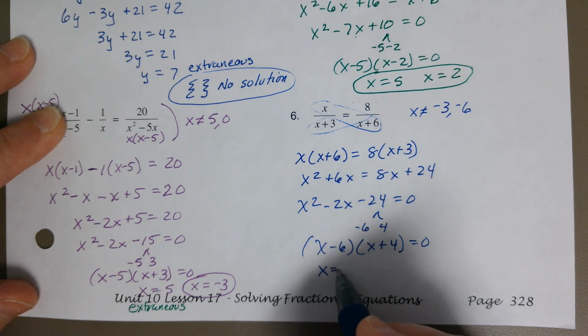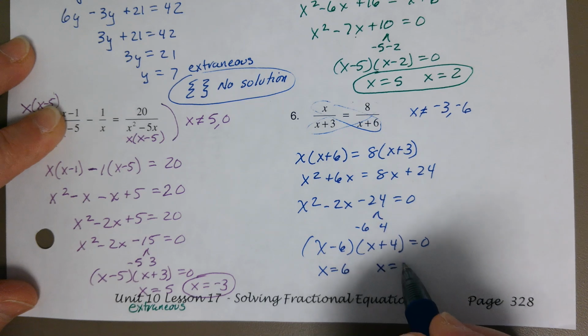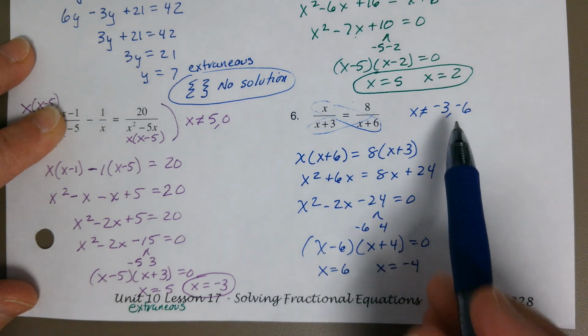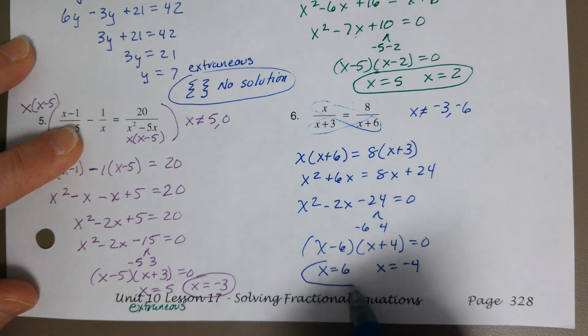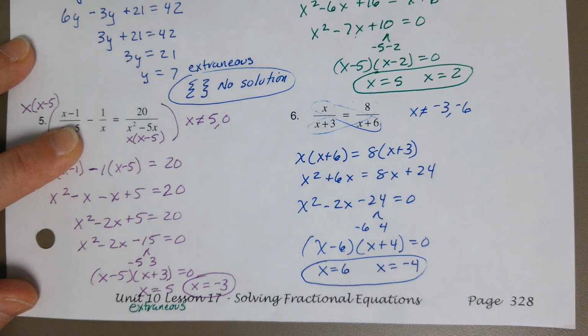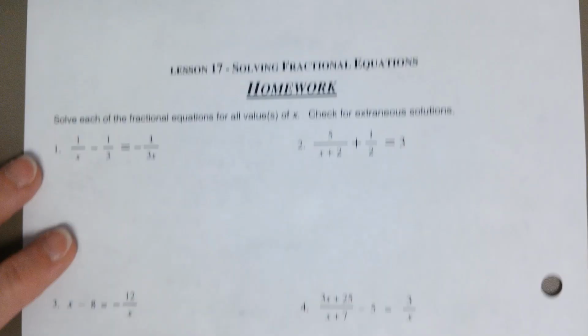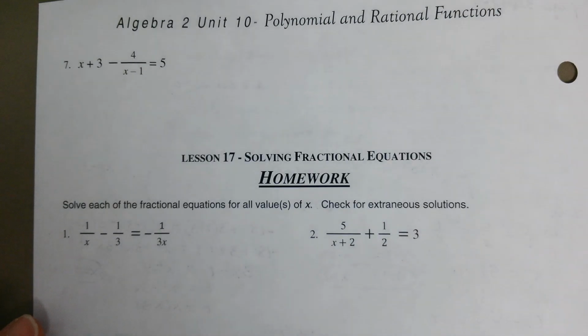Write the solutions. X equals positive 6, x equals negative 4. Positive 6 is okay. It was negative 6 that was not. So 6 and negative 4. And we have one more problem on the top of the next page.